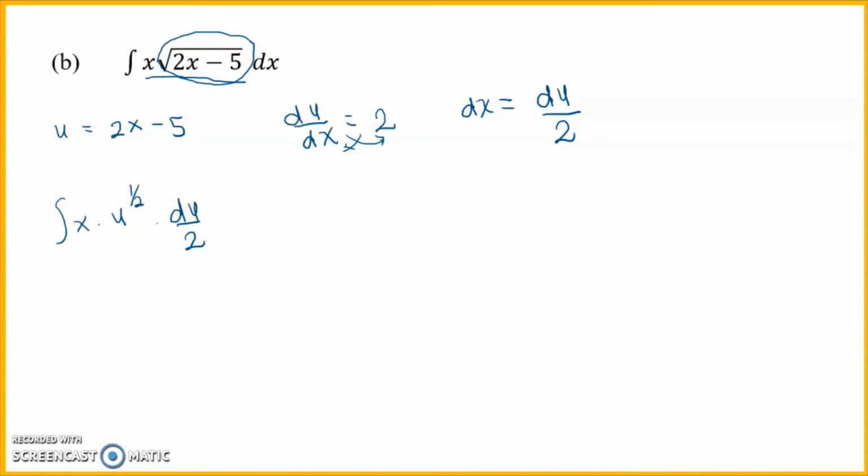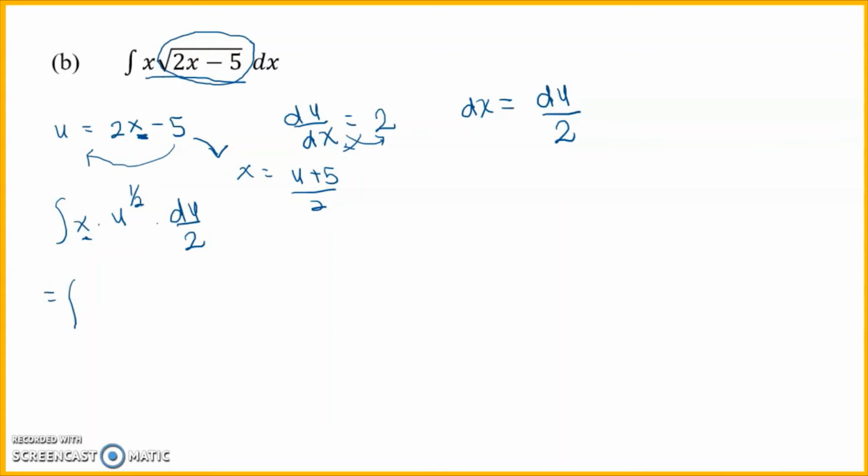Okay, up to here the problem hasn't been solved because we still have an x term here, but we wish to change the whole thing to u. So what we can do is come back to this term to get what x is. I shift the negative 5 to the left hand side and then divide by 2, so I get x. It means that x is u plus 5 divided by 2.